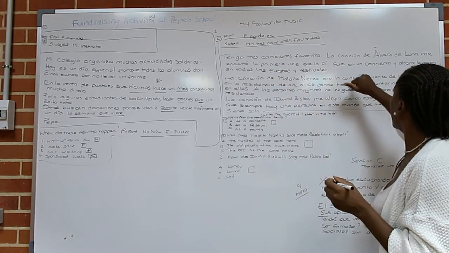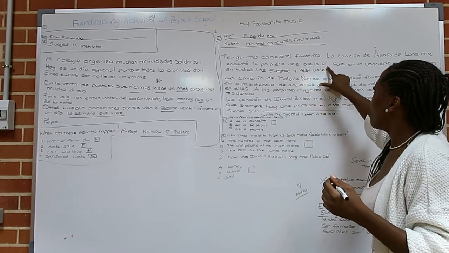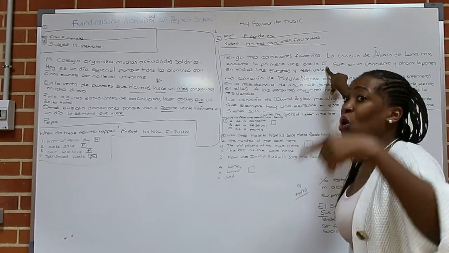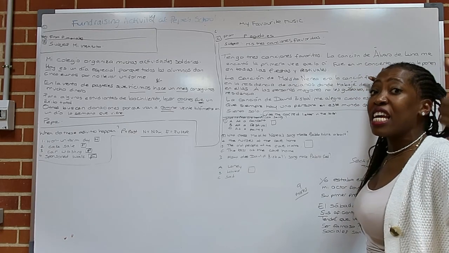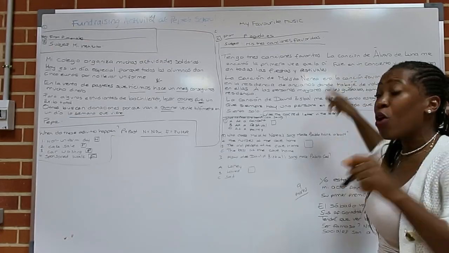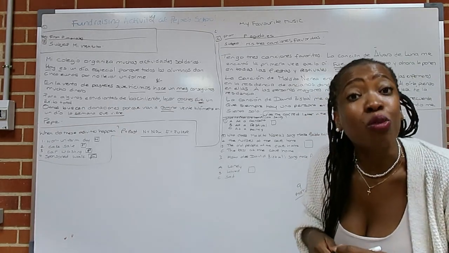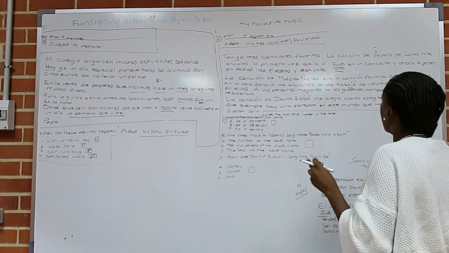So we're going to go to our key verb, which was hear. La primera vez que la oí. The first time I heard it, what does he say? Me encantó. I loved it. But where? Fue en un concierto. Fue. So the keyword is fue, which is it was. It was at a concert.